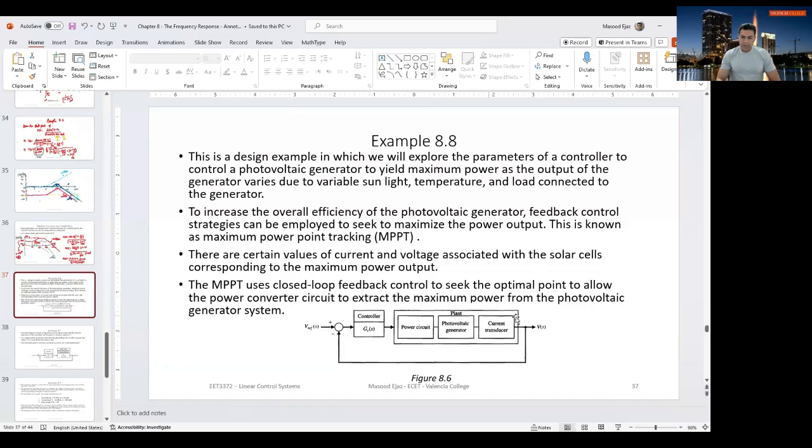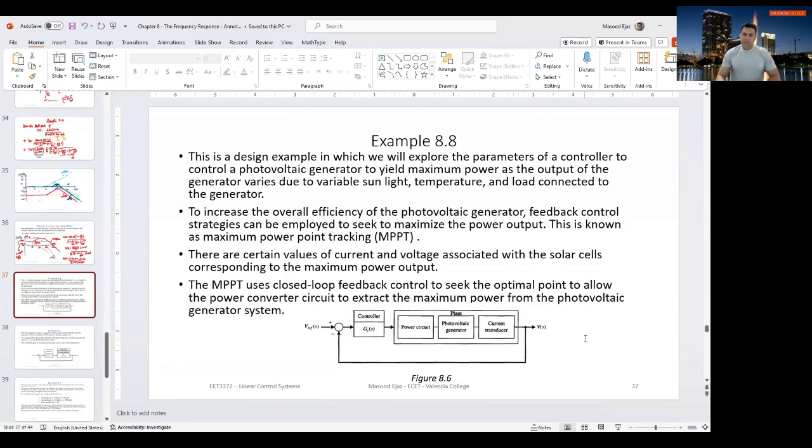And then you have the current transducer that is going to change the value of current from one form to the other form. The output is the voltage coming out of the system, and this voltage is going to be compared with a reference voltage, which is the desired value of the voltage.